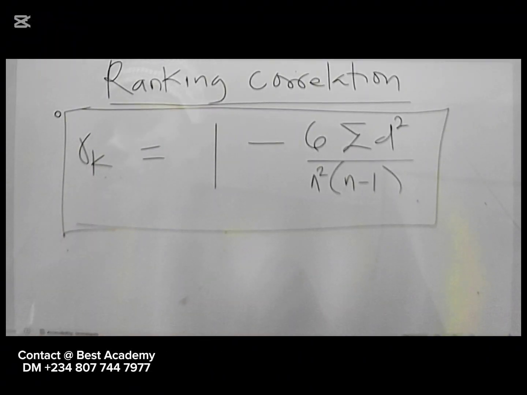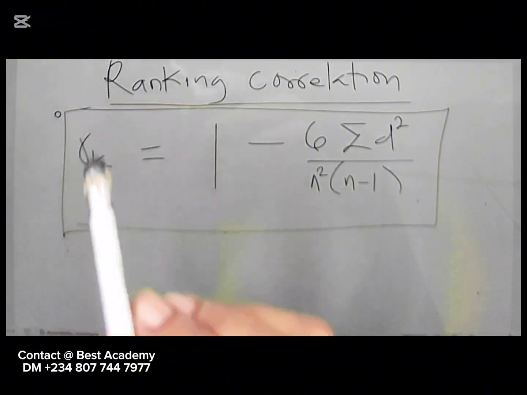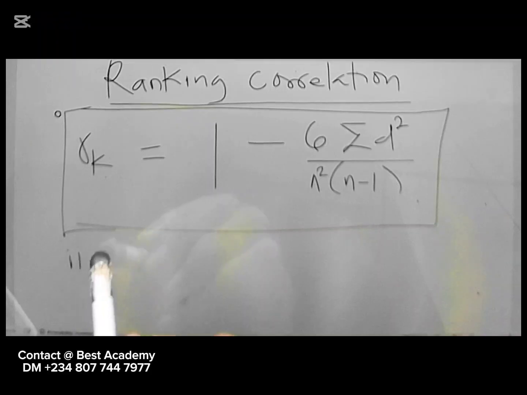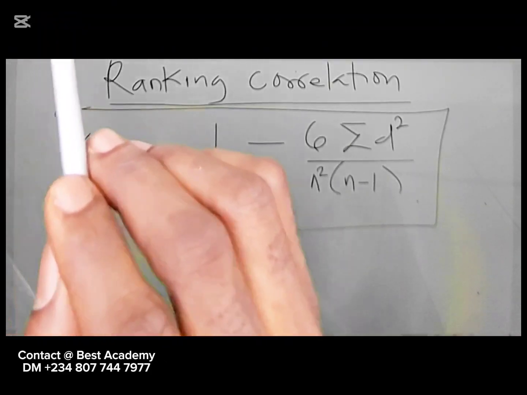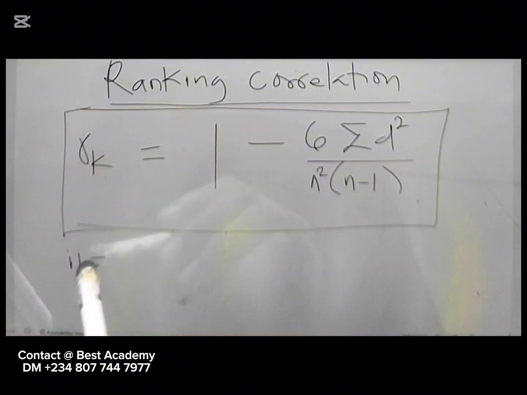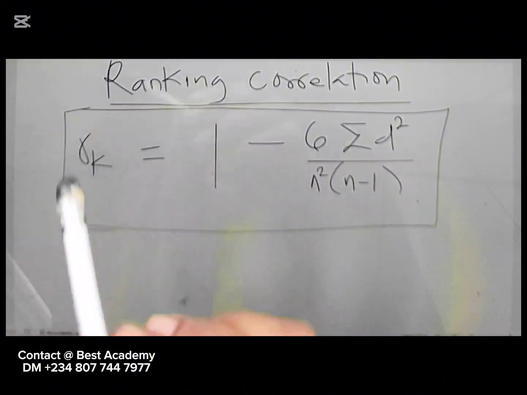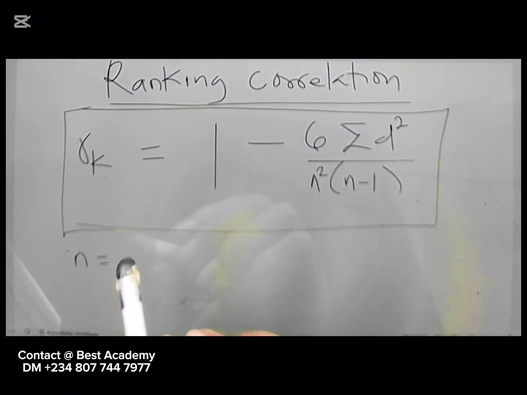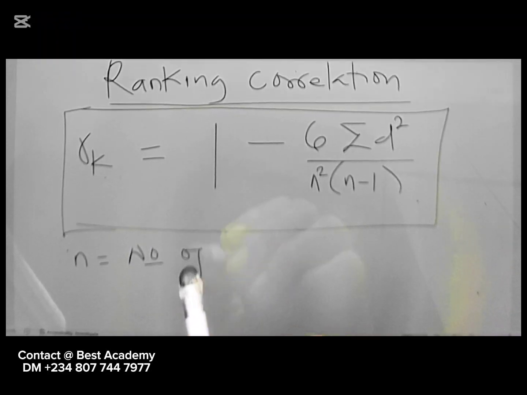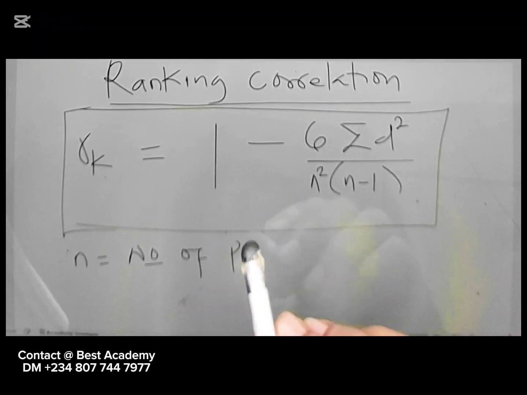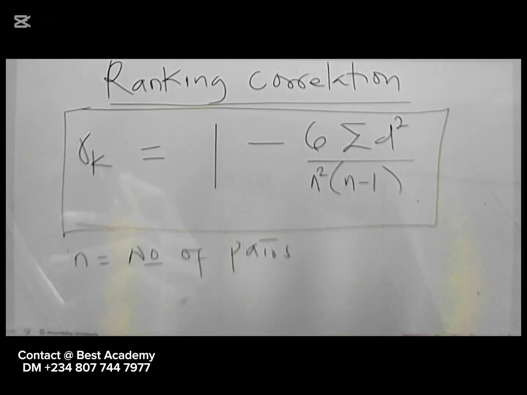Okay, so now let's know what each of the parameters represents. So class, the n here is the number of pairs, that is the frequency of s and y in layman's understanding.